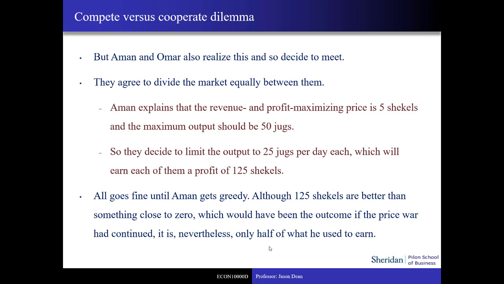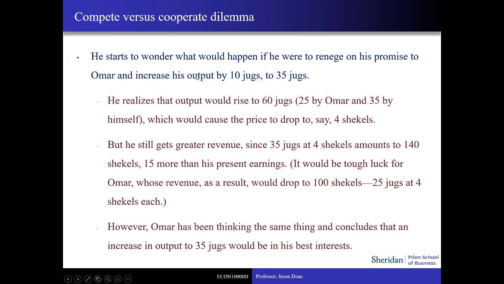And so he might say, you know what, instead of 25, I'm going to make 35. And if he increases his output to 60 jugs, the price to sell all of those would have to be 4 shekels according to the demand curve.